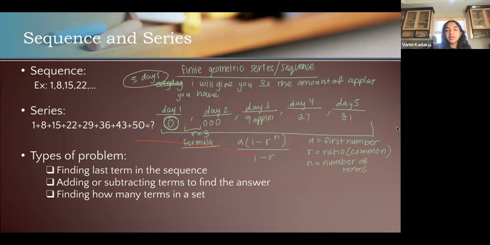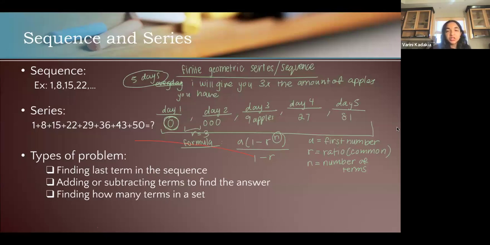It's only for finite. Basically, in an infinite geometric series, there is no n, because you don't know how many terms there are in the series, because it doesn't stop. So we'll go over the infinite next.